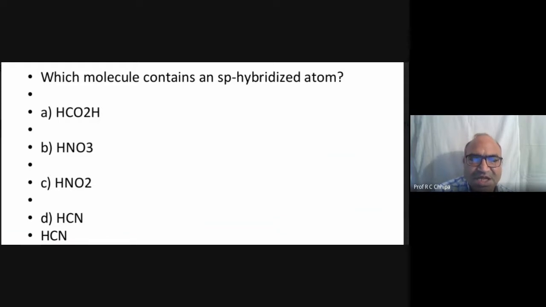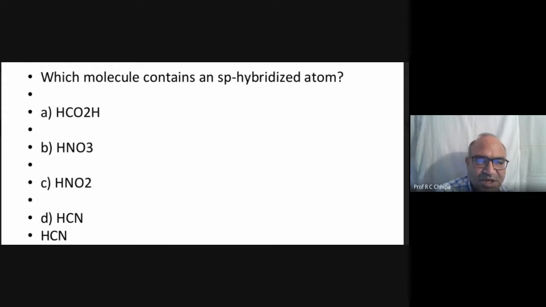Formic acid contains only a carbon double bond oxygen, and then another carbon single bond oxygen. So here there is no chance of sp hybrid orbitals.